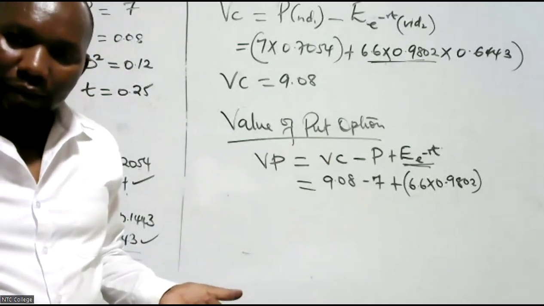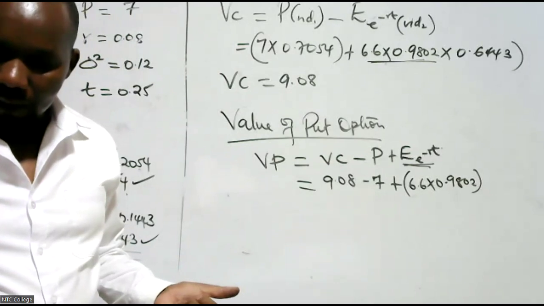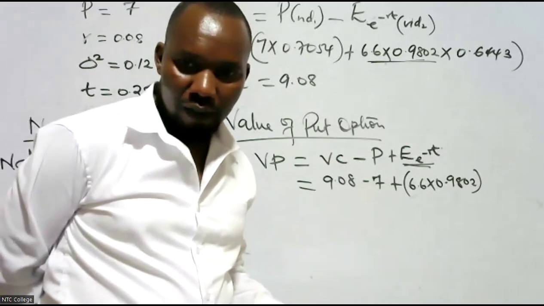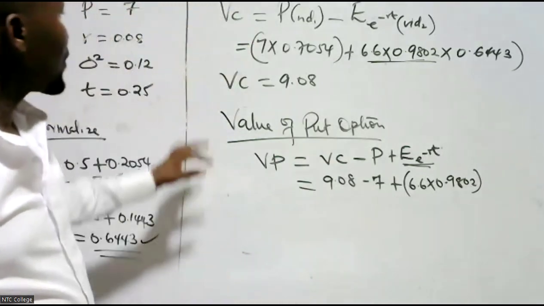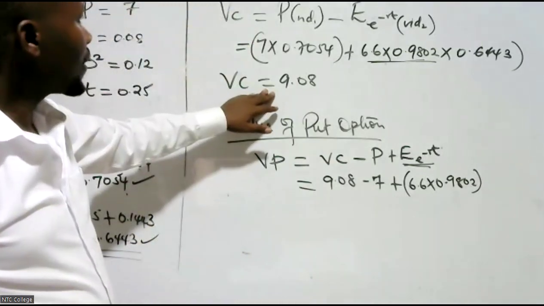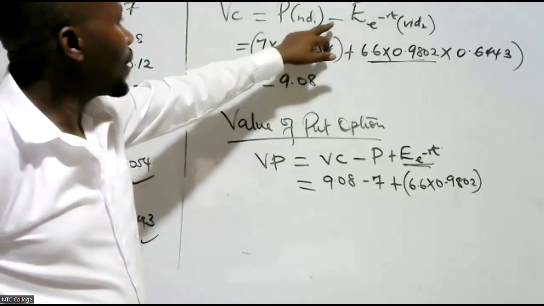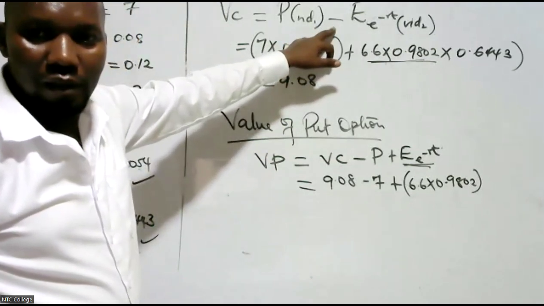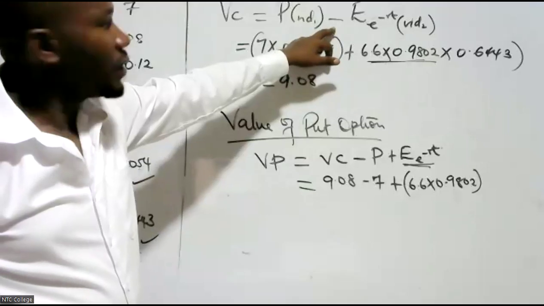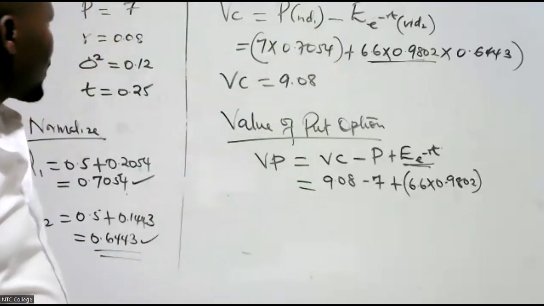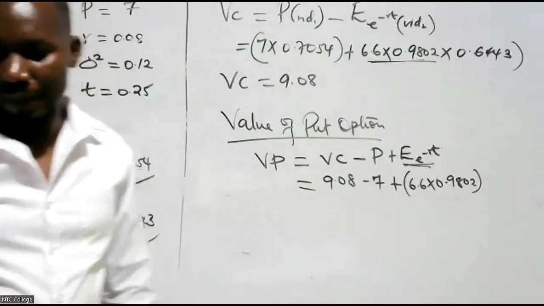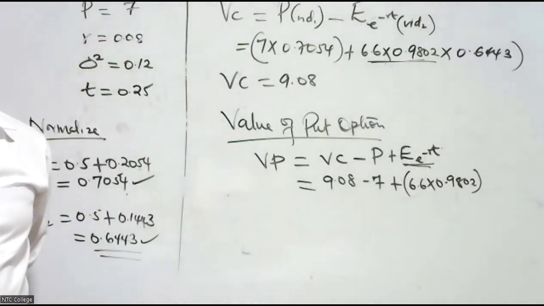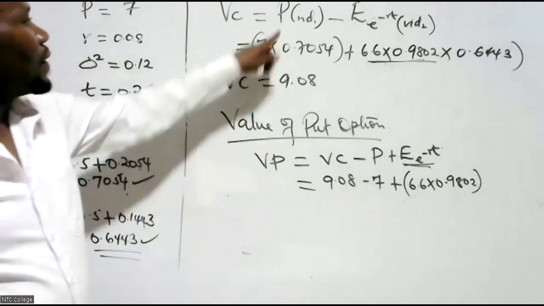Come again. Value of call option, we have already cooked here. Is that the problem here? Or are you asking what is one? Yes. That is minus. That is minus, this minus this.